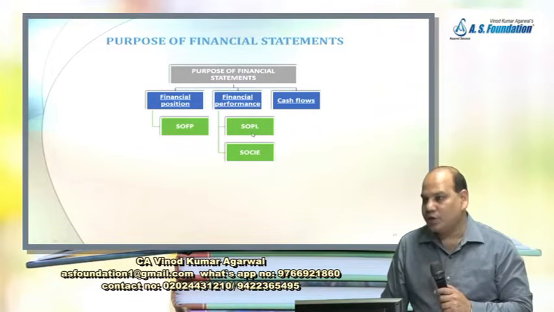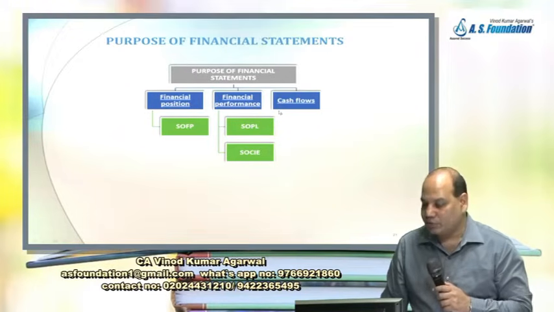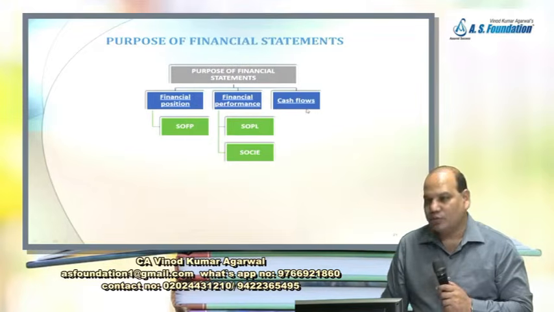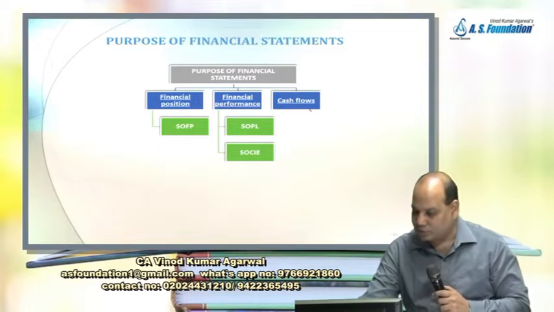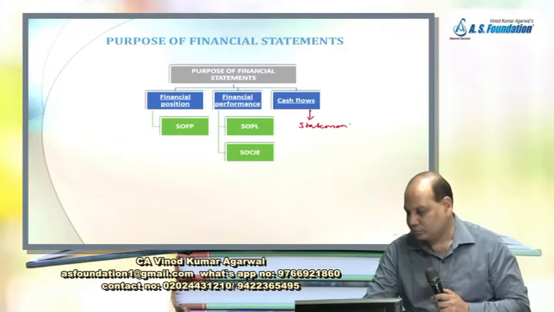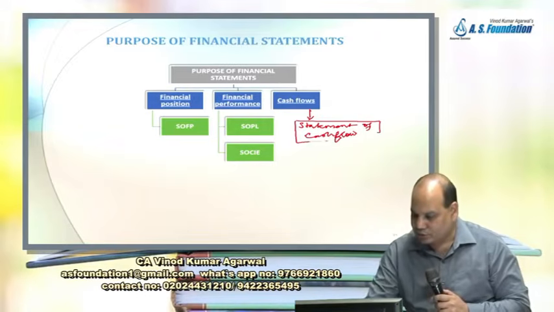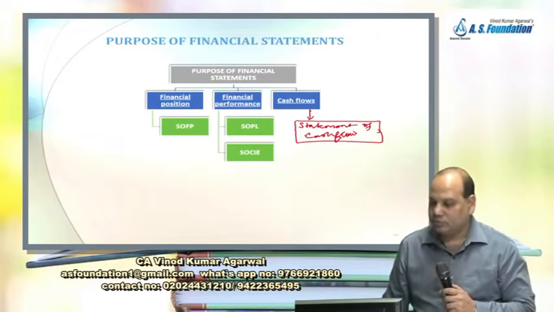SOPL, statement of profit and loss, and statement of changes in equity. This also includes OCI, and cash flows, statement of cash flow. This I have not written here, I should have written statement of cash flow. Right, statement of cash flow.